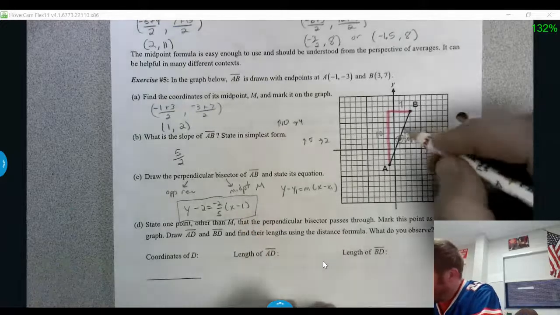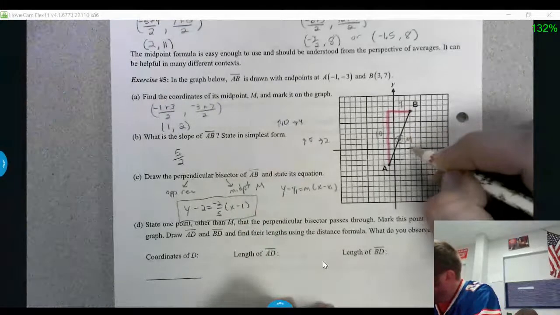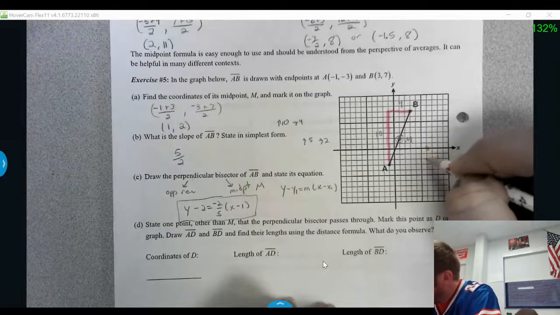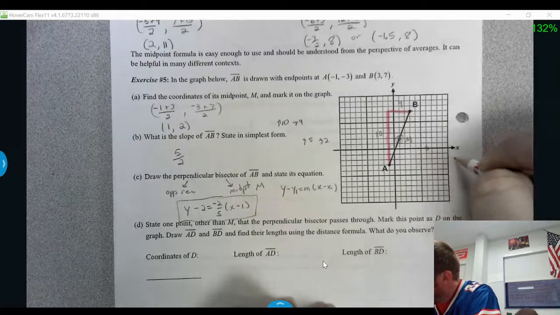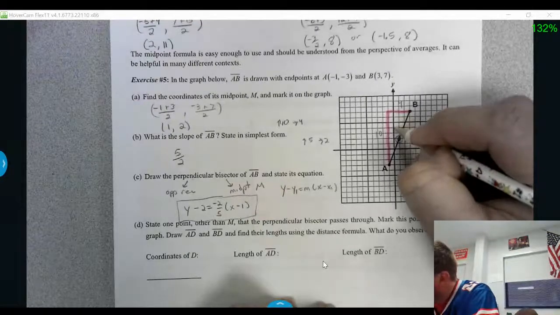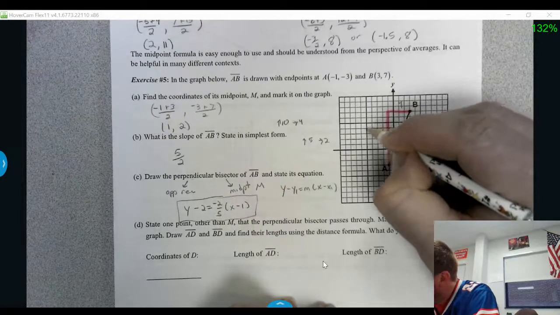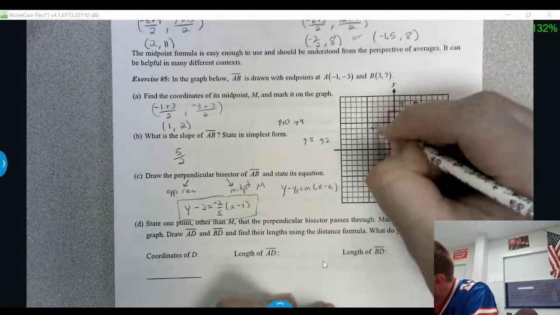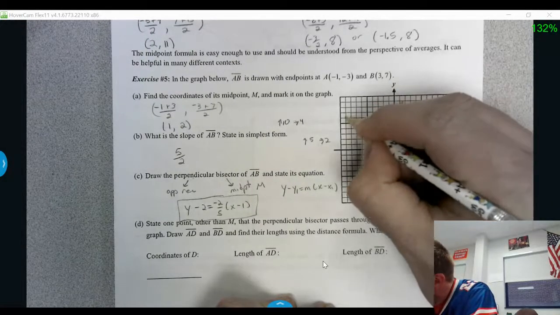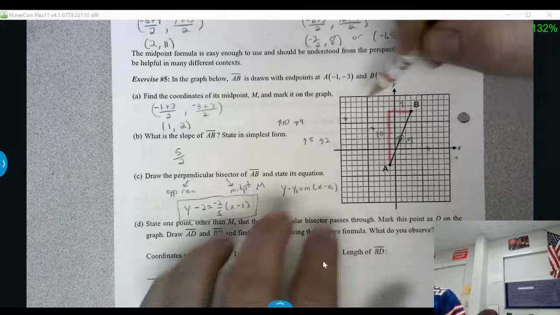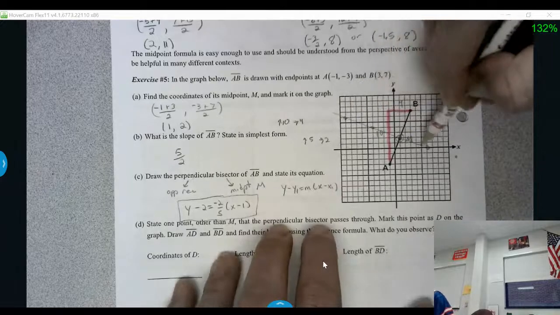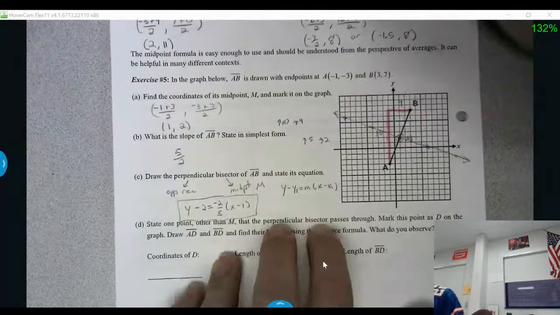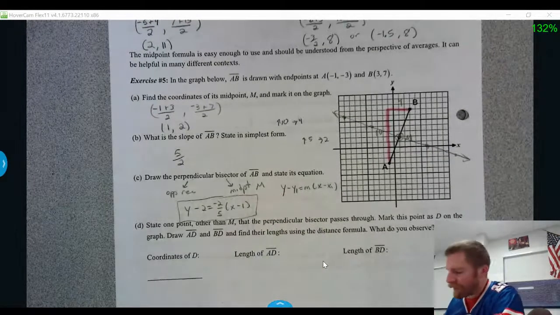But from here, if I go down 2 over 5, or up 2 and to the left 5, these should line up. Okay, so that's our perpendicular bisector.